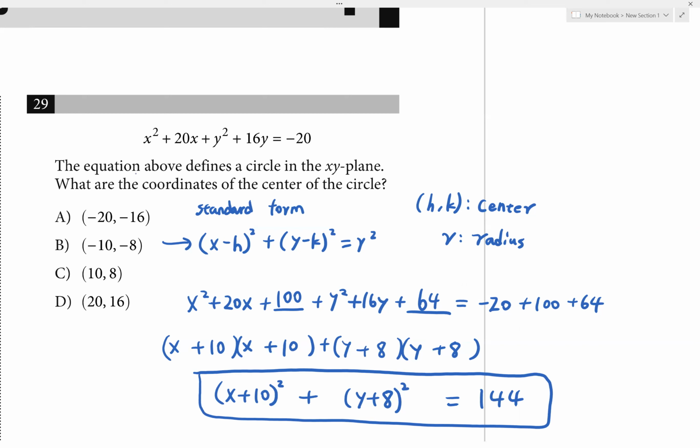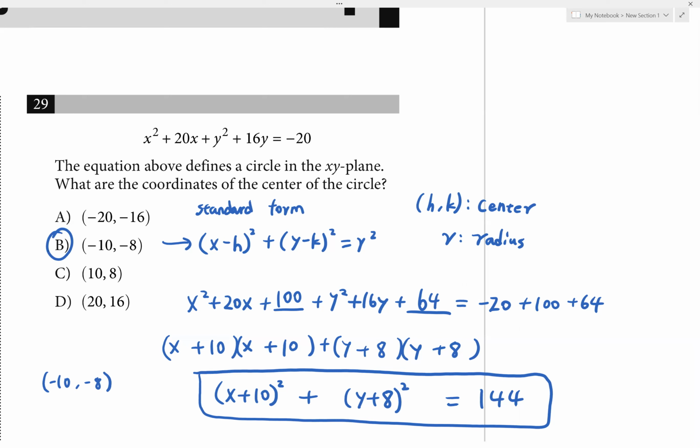Instead of positive 10 and positive 8, we make it negative 10 and negative 8. So the center of the circle should be (-10, -8). Whatever number is inside the parentheses, we have to make it opposite. So that makes answer choice B the correct answer for 29.